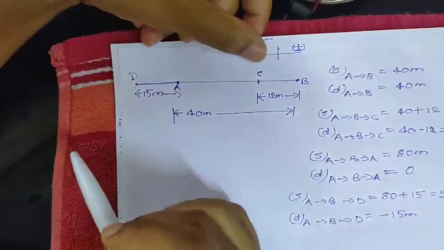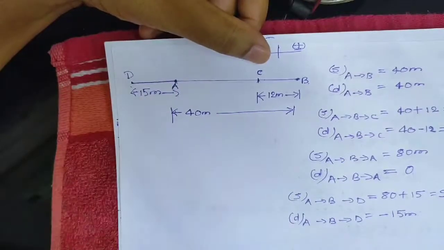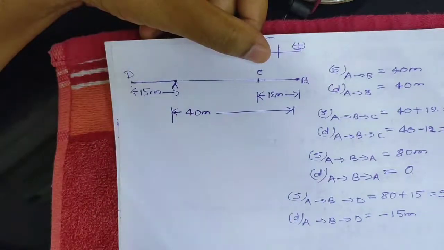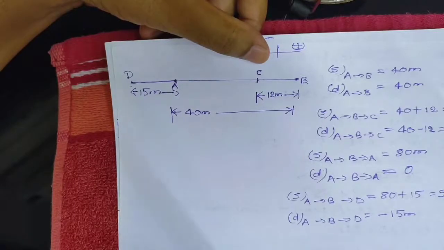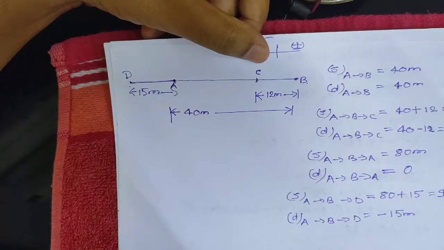So while saying this, something comes to my mind, that there is a factor. Okay, there is a mathematical factor which we maintain while covering a distance.